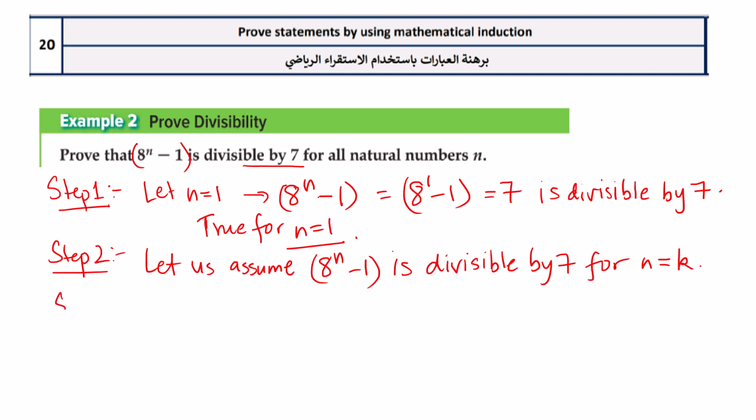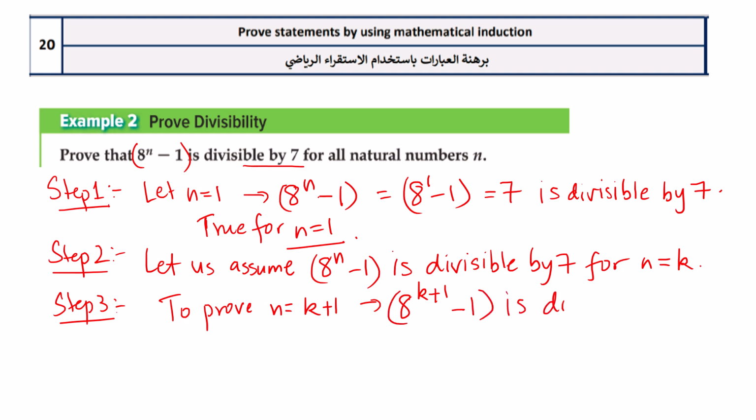So now we move to step 3, and in this step we are going to prove. So what we need to prove? We need to prove for n equal to k plus 1, the next term, the mathematical statement 8 to the power k plus 1 minus 1. So I'm replacing n with k plus 1. We have to check whether this is divisible by 7, and if this becomes divisible by 7, then we know that by the principle of mathematical induction it will become true.